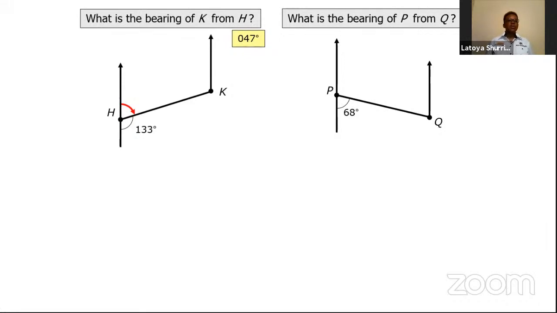Again, asking ourselves, where are we starting from? Where are we going? And what direction are we going in? That also helps you to decide, am I adding or taking away 180? Am I subtracting from 360 degrees? That also helps you to decide what it is that you're going to do.